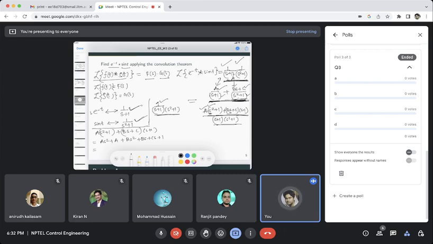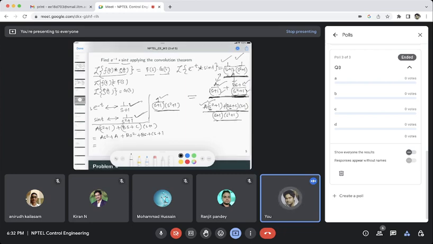Just collect all the coefficients: common to s², which is a + b; common to s, which is b + c; and the constant term, which is a + c. And that should be equal to this numerator term, that is 1.